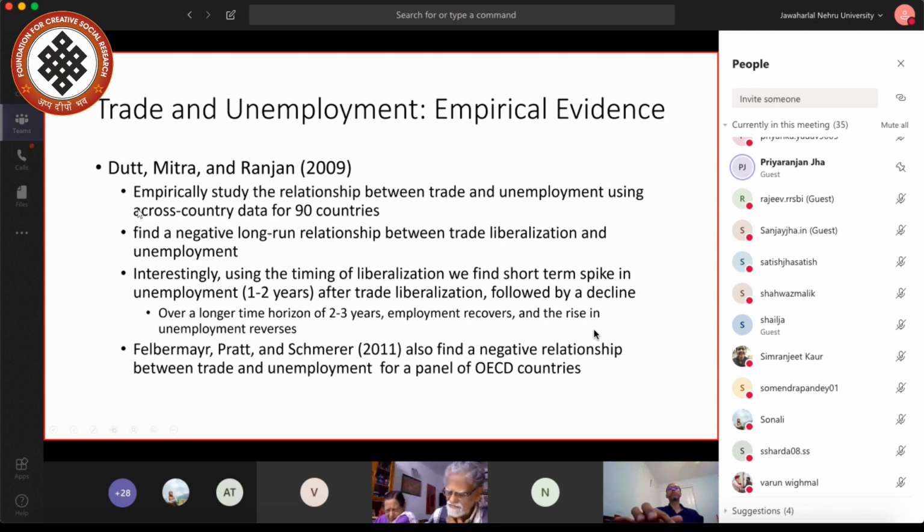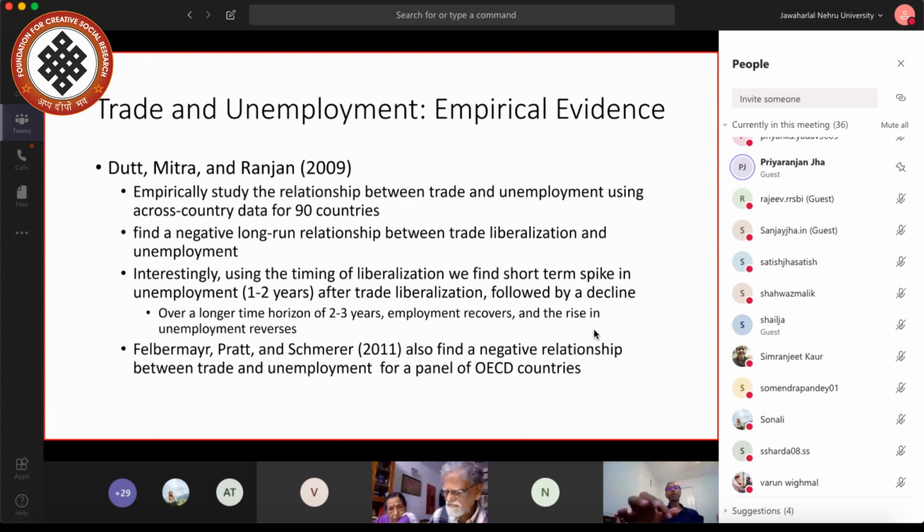The typo here, it should be cross-country, not across country. We find a negative relationship between trade liberalization and unemployment. That is, overall, when a country liberalizes trade, unemployment decreases.